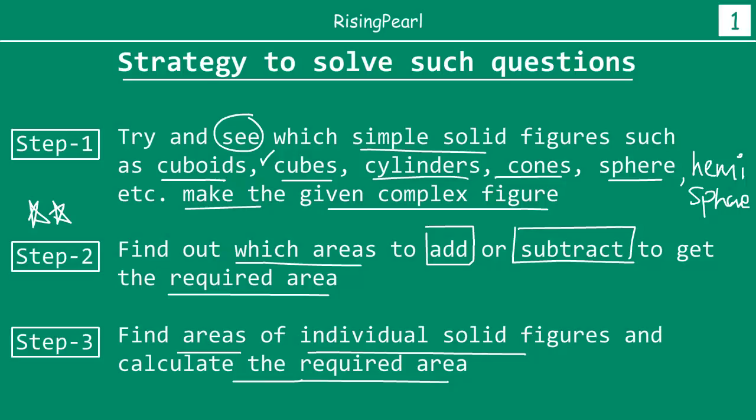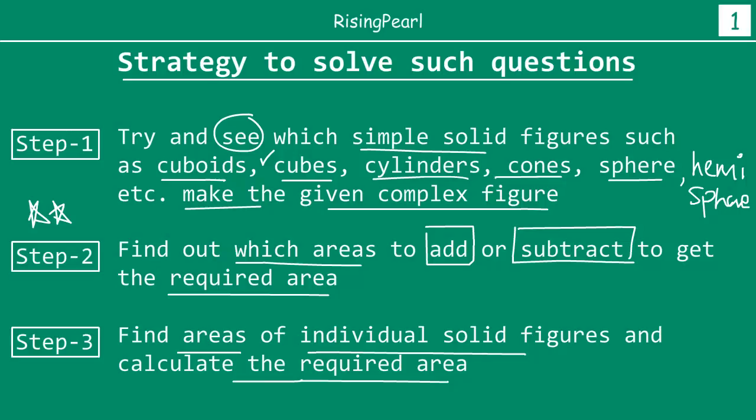So we realized here in this particular case that we would need to add the curved surface area of the hemisphere, plus the 5 faces' areas of the cube, plus for the top face we have to take the top surface area, but we have to subtract the area of the circular base, because that circular base is the base of the hemisphere.